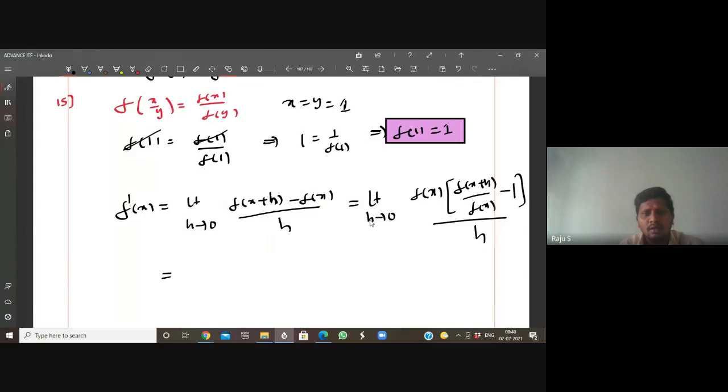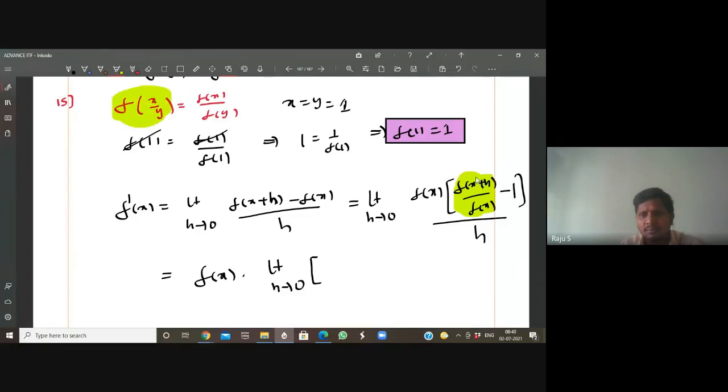So with respect to h, f of x is a constant. f of x you can take completely outside. The remaining limit h tends to 0. Now all of you observe here, this is clearly in the form of the given condition, right?